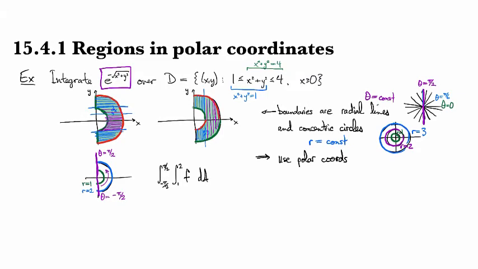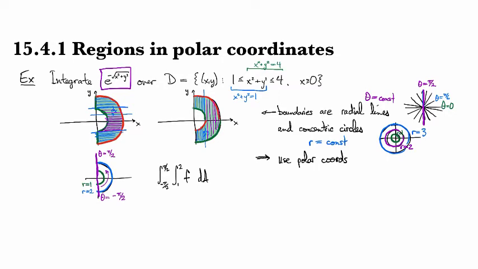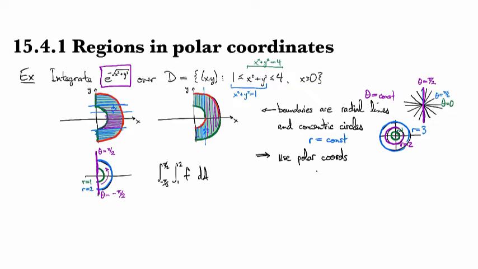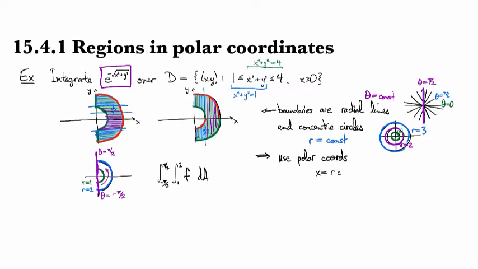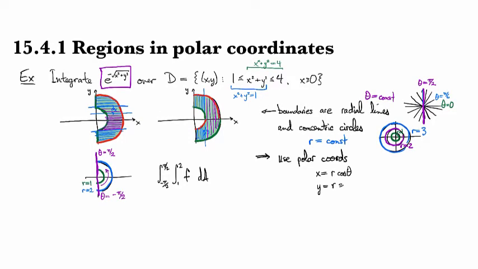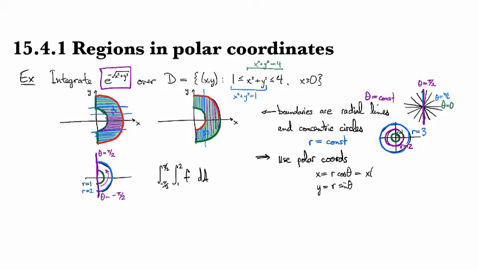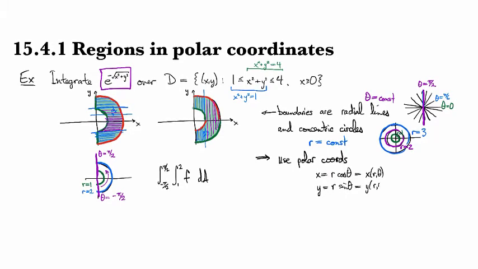First and foremost is the fact that now we are actually looking at a composition of functions. So polar coordinates, this is where you take x to be r cosine theta and y to be r sine theta. So in particular, we're thinking of x now as a function of r and theta, and we're thinking of y now as a function of r and theta.